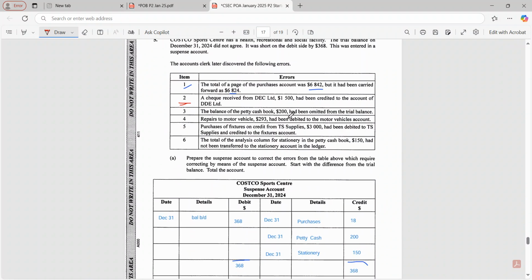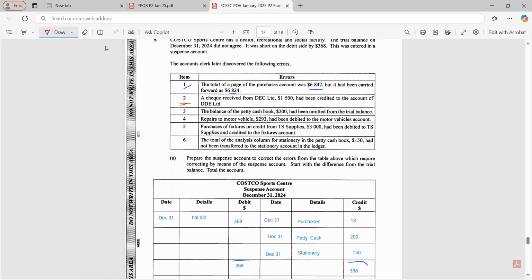The balance of the petty cash book, $200, has been omitted from the trial balance. All right, is this going to be affecting the suspense account? We should have had a balance of $200. And what kind of balance does a petty cash usually have? A debit balance, right?